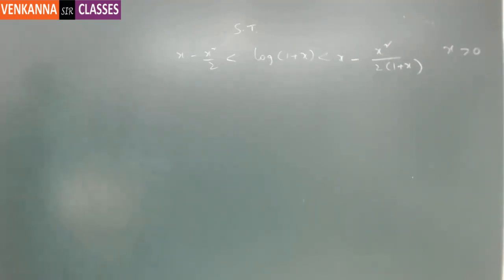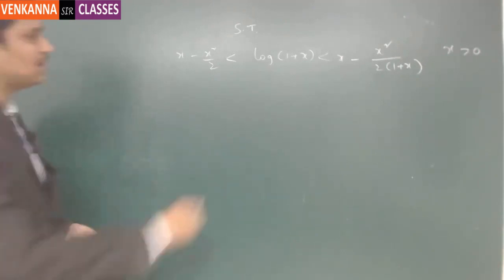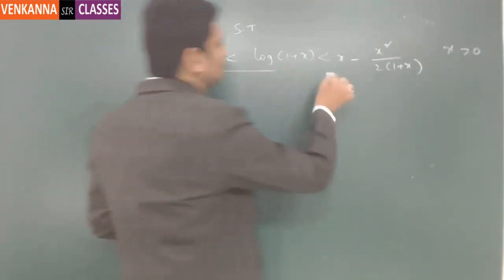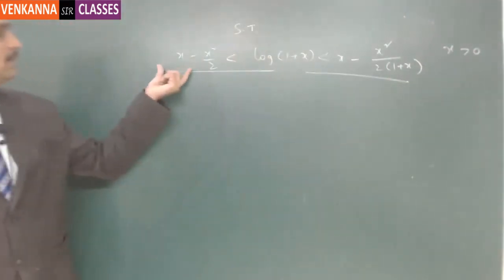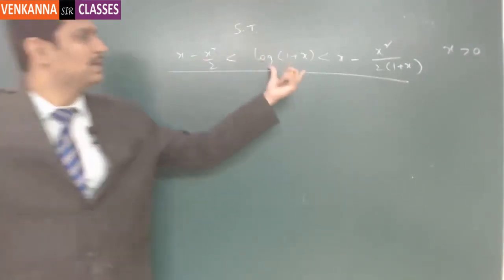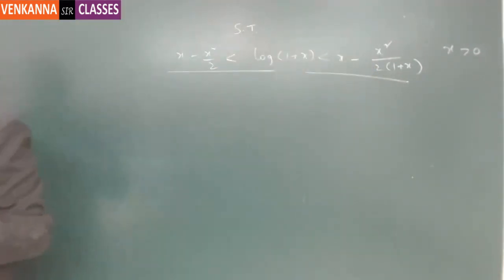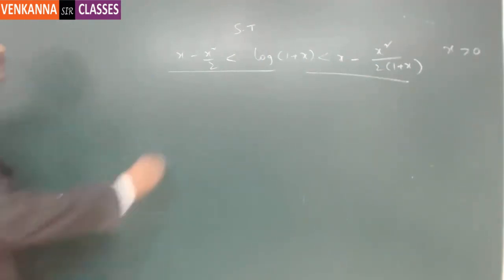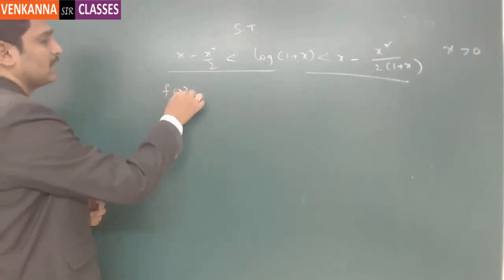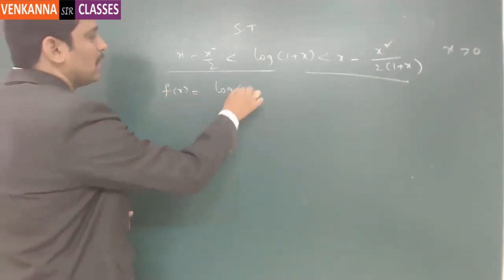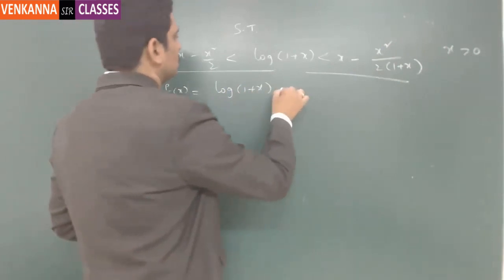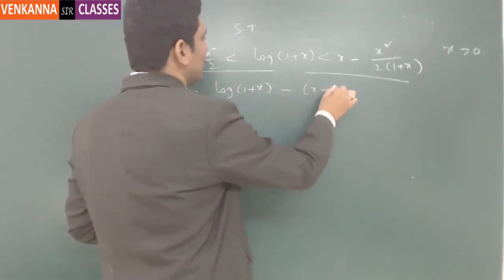Now, there are two inequalities we are going to prove: this part is less than this, and this part is less than this. So I am going to define a function as f of x is equal to log of 1 plus x minus of x minus x square by 2.